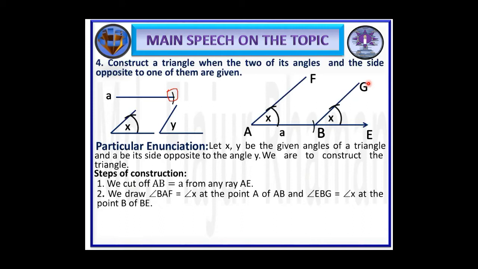Just draw arcs of the same radius and draw another arc measuring the angle Y, then join B with the point of intersection of the arcs and extend it. Just write here, I am telling again: we draw angle GBH equal to angle Y at the point B of BG. See that. Step 3.